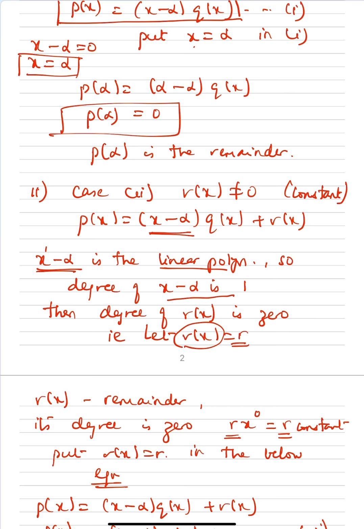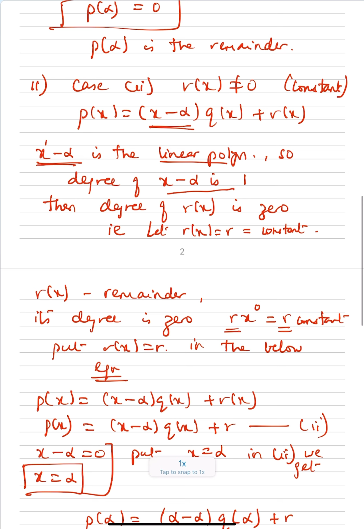That is, it will be a constant. Let me write this properly. Let r of x is equal to r, which is a constant, a number. Here r of x is the remainder, its degree is 0, that is, r into x raised to 0 is equal to r, that is constant.